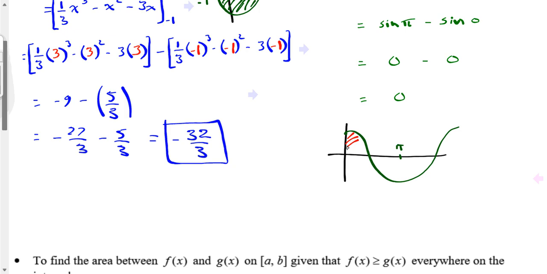So we found this area and this area up to there. And guess what? They're the same size. So this one ends up being positive, that one ends up being negative. When we add them together, we get 0. So is the area actually 0? No. But if we wanted to find the area between the function and the x-axis, we'd have to do a bit of work, which is what we're getting into today, finding the area between two curves.